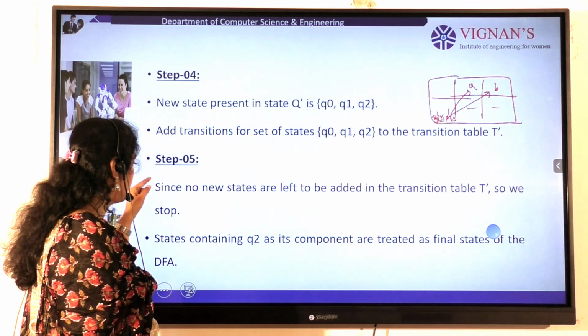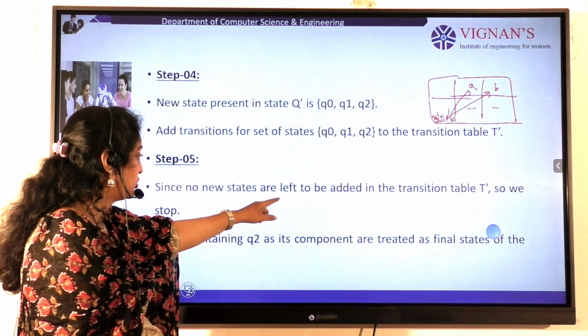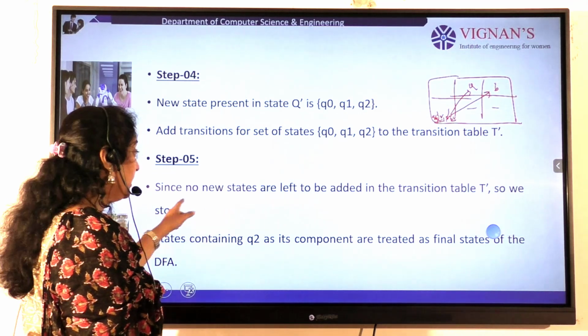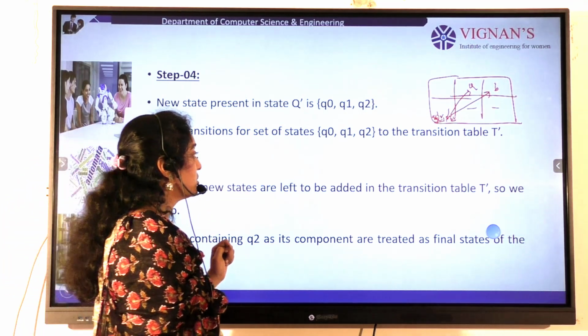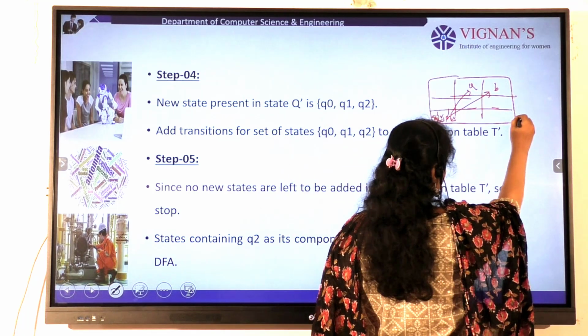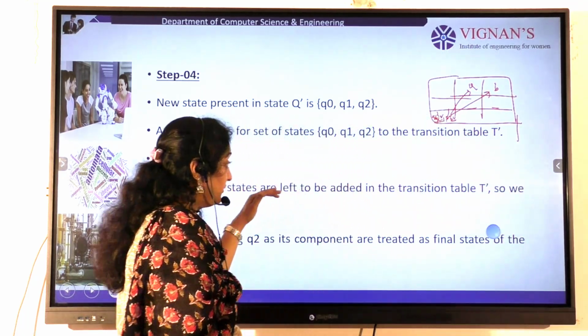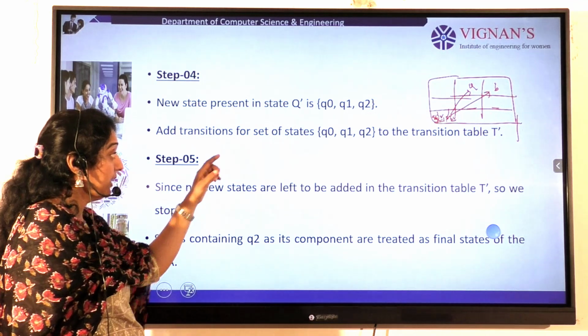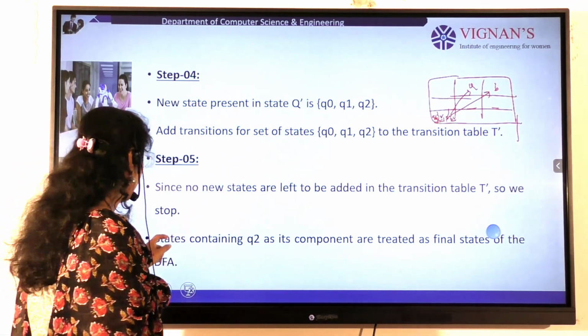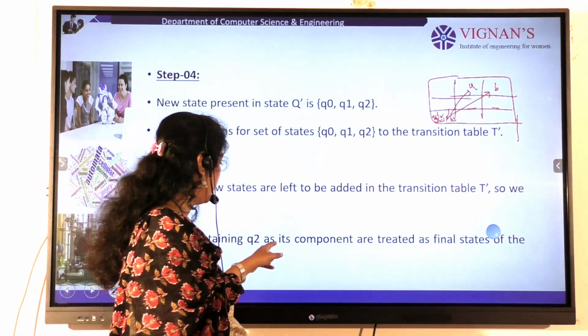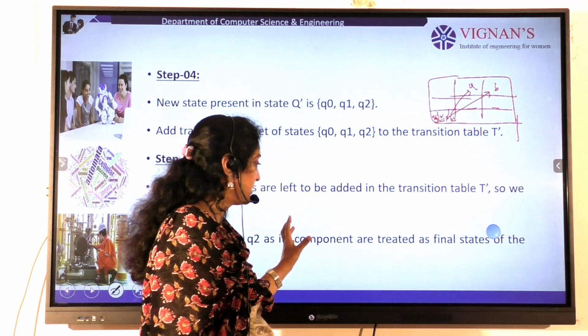In the next step, since no new states are left to be added in the transition table T dash, we stop. We continue this procedure until we find no more new states in the transition table T dash. States containing Q2 as a component are treated as final states.